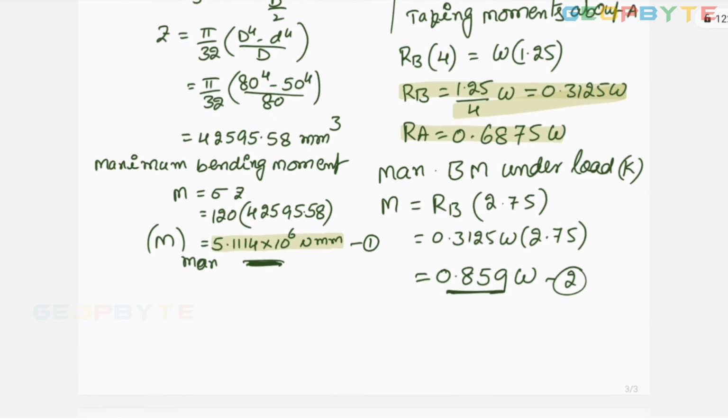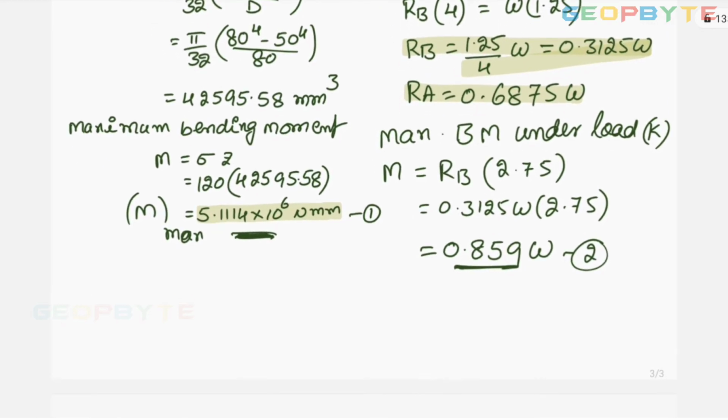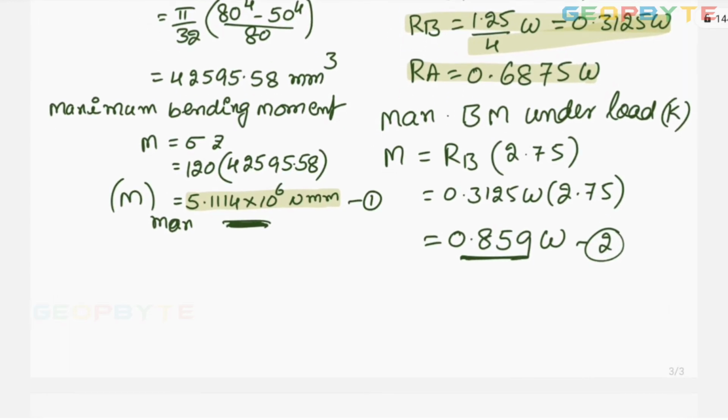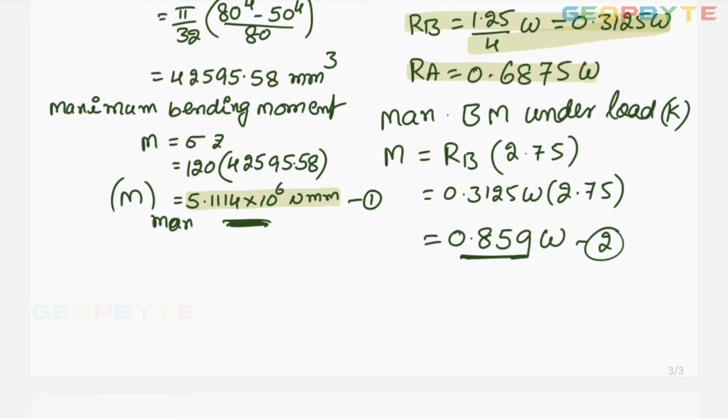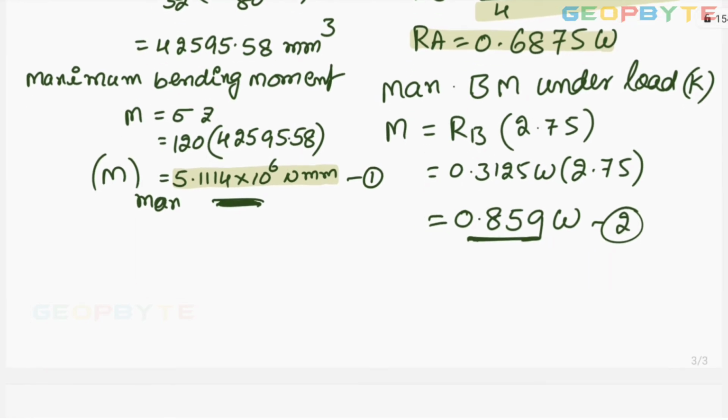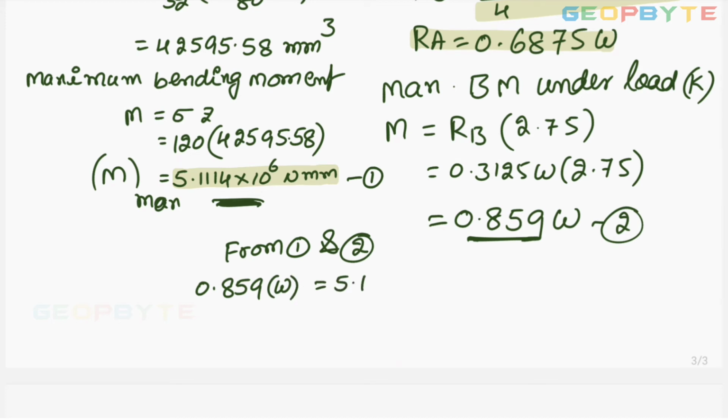From relations 1 and 2, I can write that 0.859 times the W is equal to 5.1114 into 10 power 6.